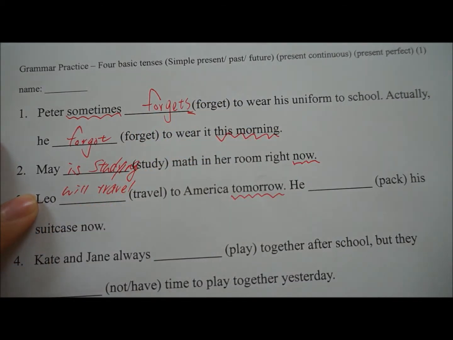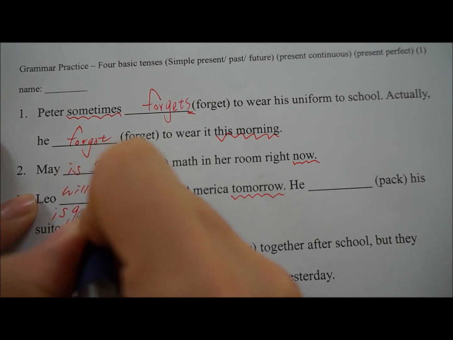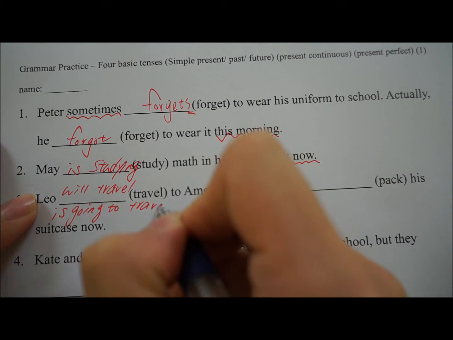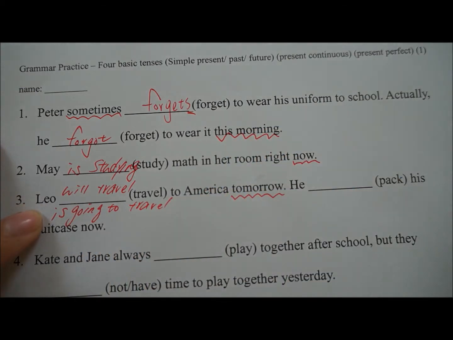Or you can also say Leo is going to travel. If you assume Leo has a plan, we will use Leo is going to travel. If Leo thinks about traveling to America at the moment of speaking, then we will say Leo will travel.